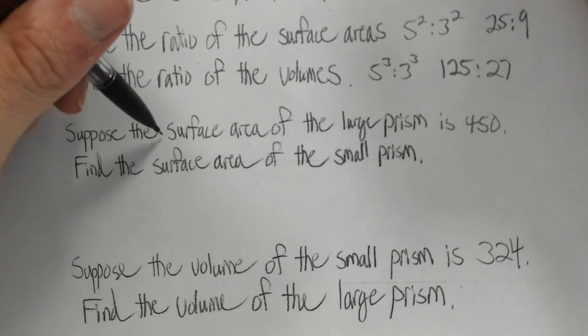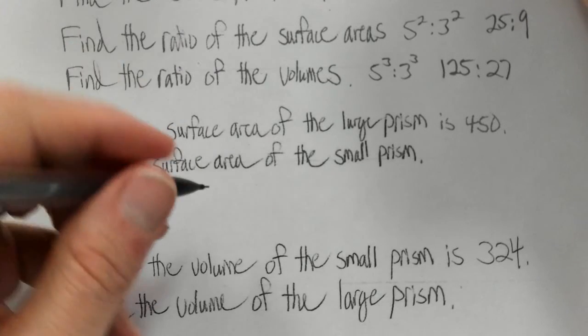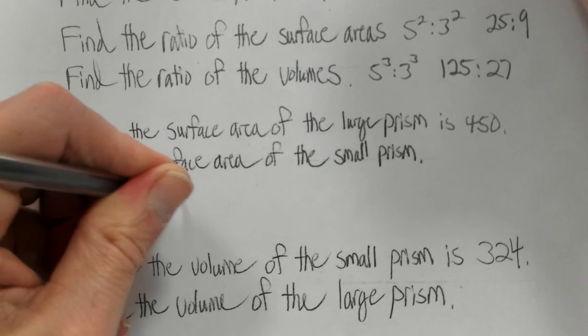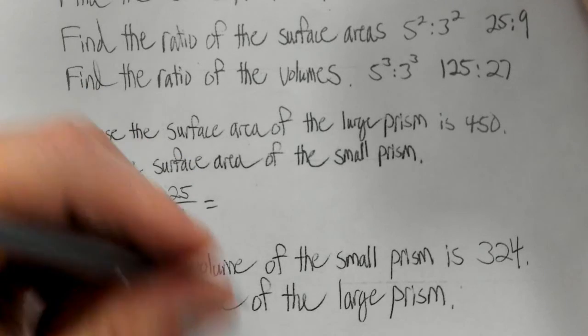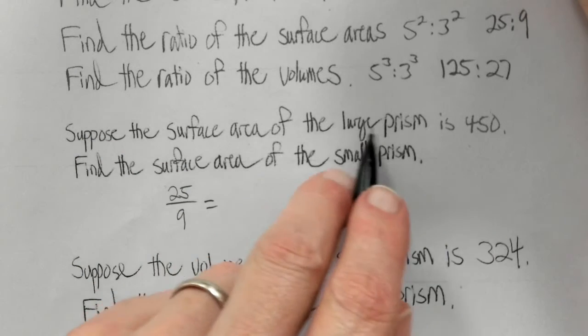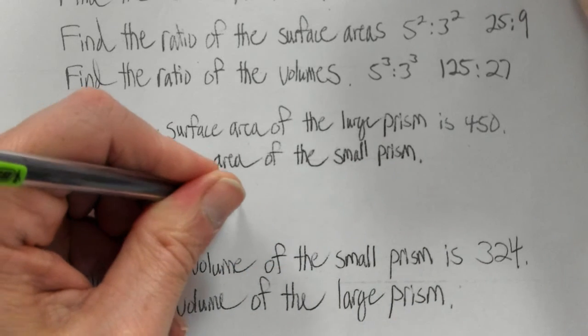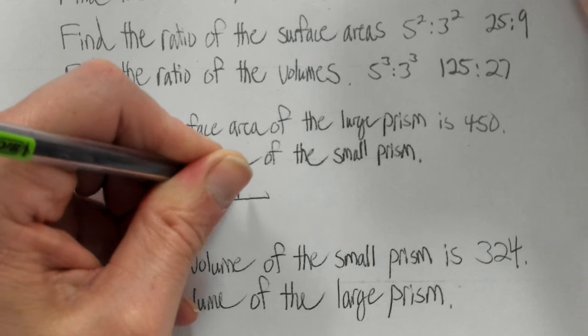So first thing I'm going to do is write out the ratio for the surface areas. That's going to be my first fraction, which is 25 over 9. And I need to go ahead and set that equal to now the information from the problem, which is the surface area of the large prism is 450. And so where does the large number go in my proportion? On the top.